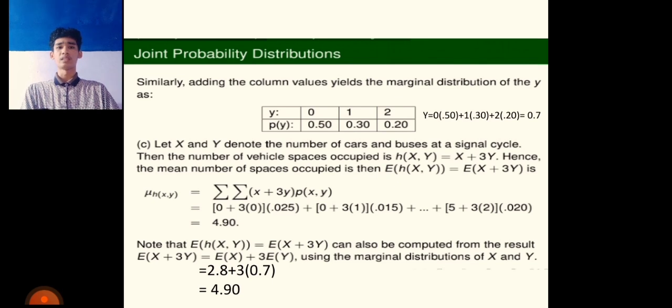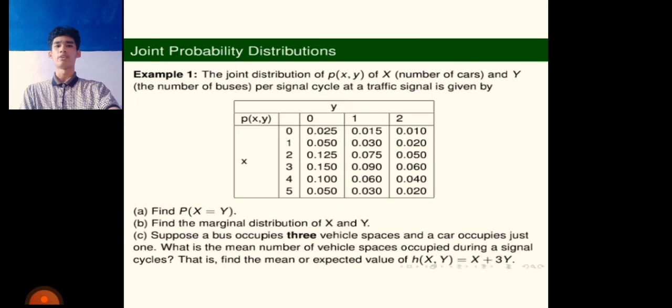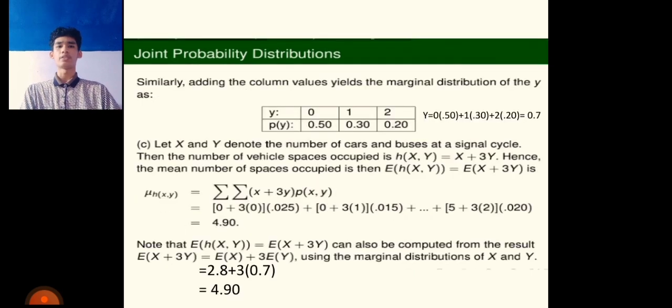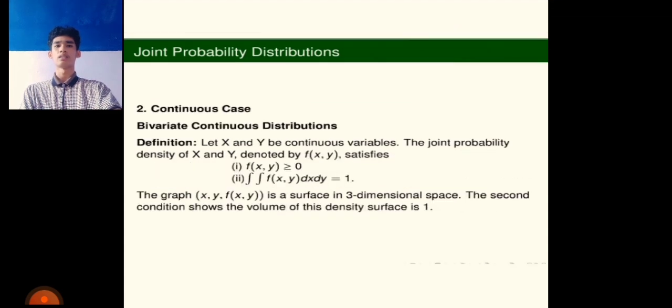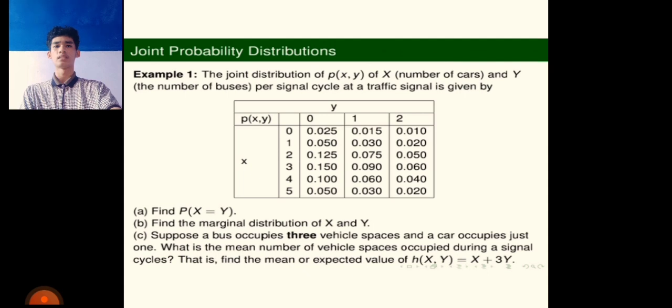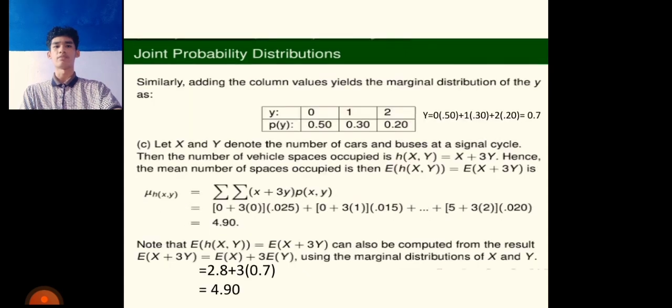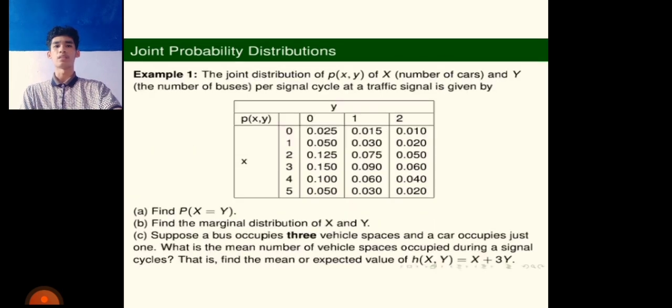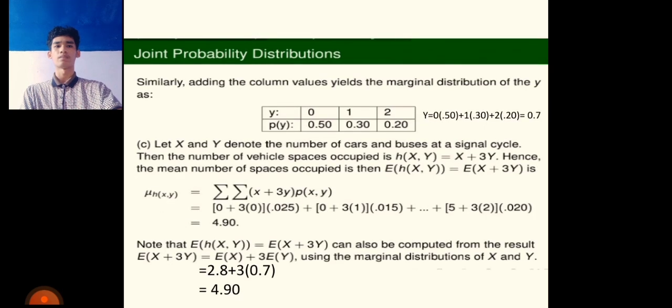So x equals 0, plus 3 times 0, times p of 0, 0 which is 0.025, then plus 0 plus 3 times 1, times p of 0, 1 which is 0.015, up to 5 plus 3 times 2, with p of 5, 2 being 0.020. So the answer is 4.90.